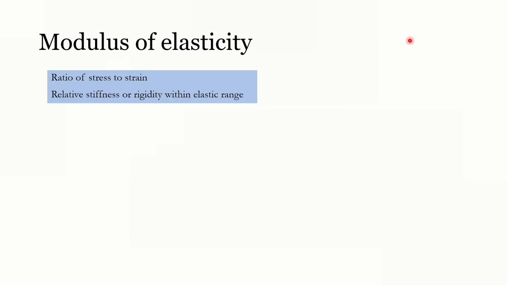Next is modulus of elasticity. Modulus of elasticity is nothing but the ratio of stress to strain. It is also called elastic modulus or Young's modulus. This represents the relative stiffness or rigidity of a material within its elastic range. I told you it's a ratio of stress to strain.